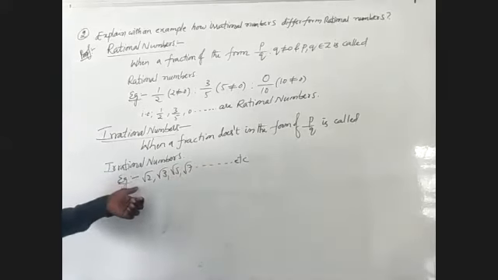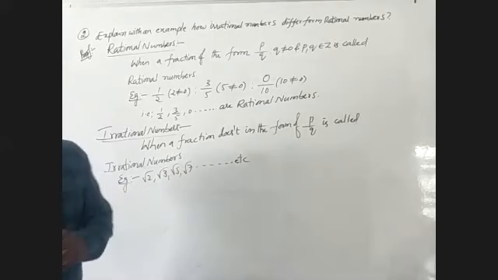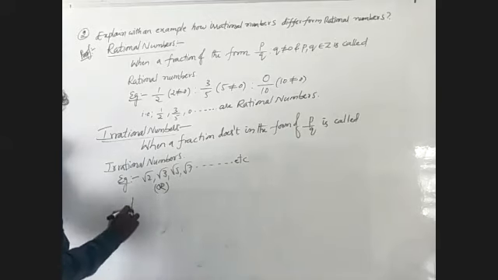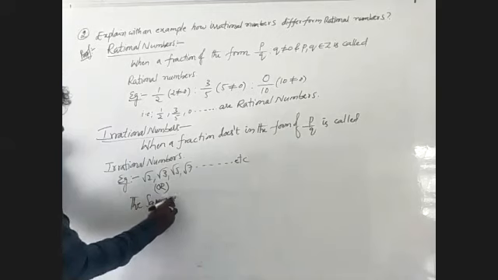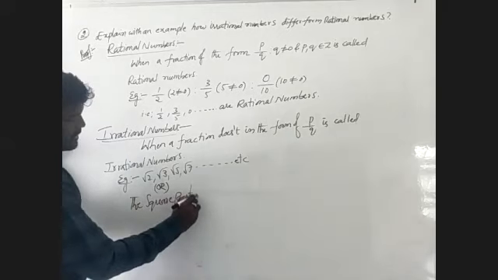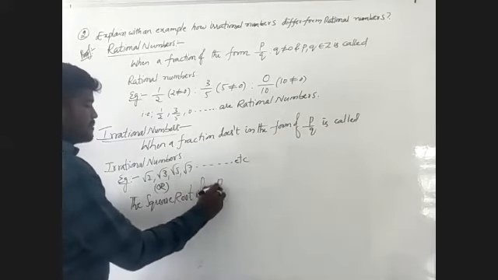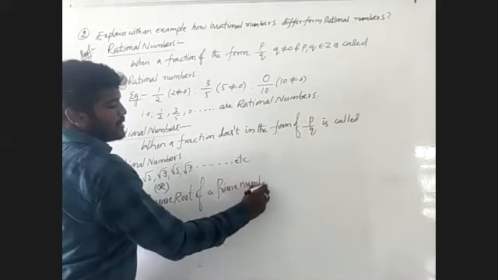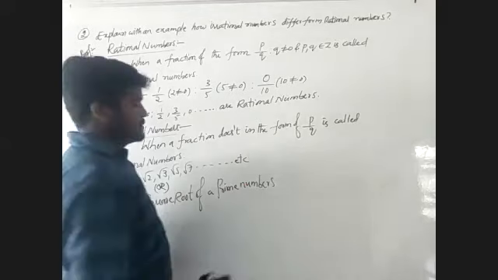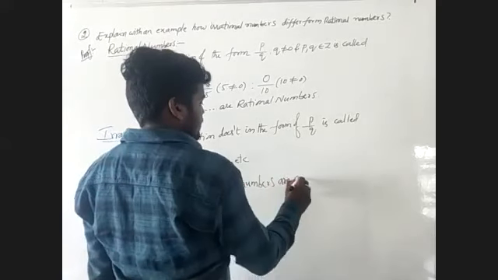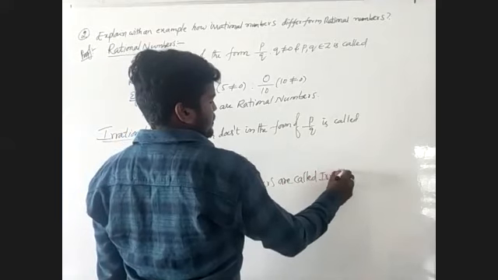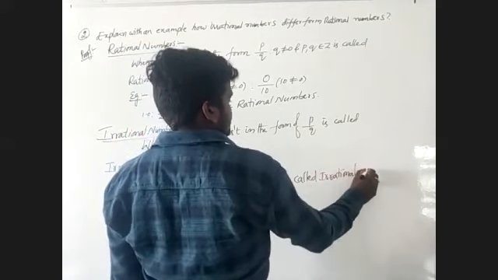Another definition is also known: the square root of a prime number is called an irrational number.